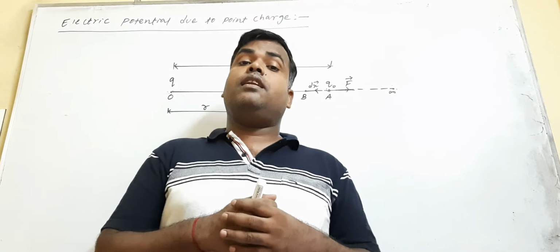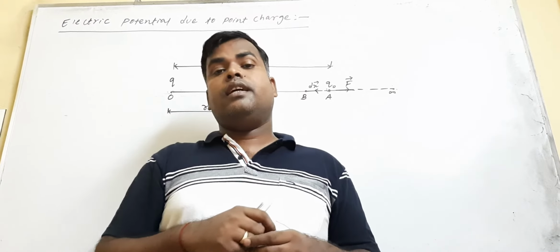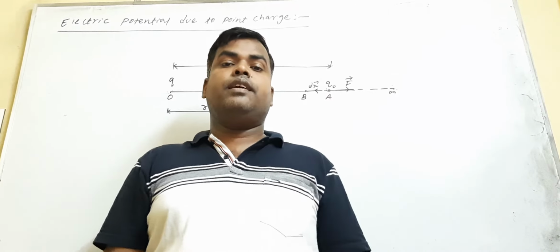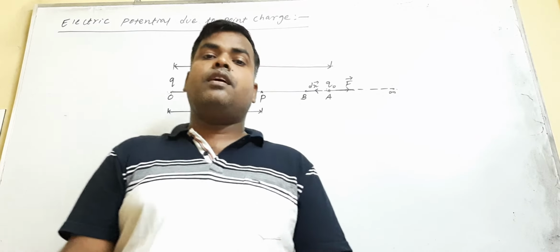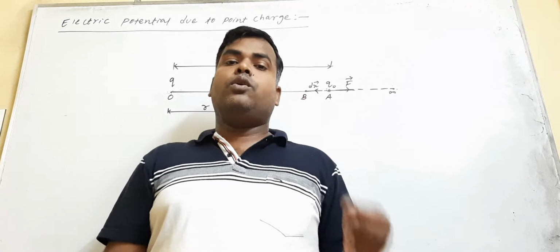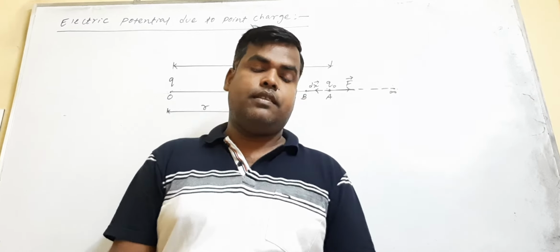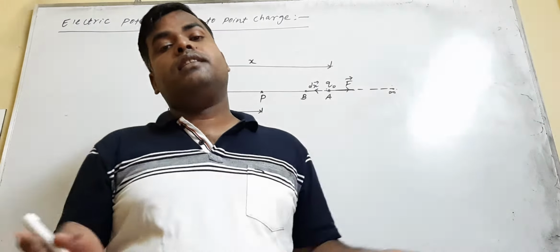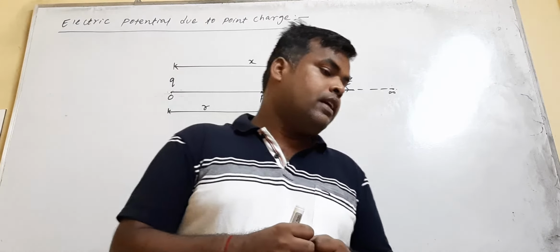Electric potential at any point in an electric field is defined as the amount of work done in bringing a unit positive charge from infinity to that point without any acceleration. That means electric potential is the work done per unit charge.